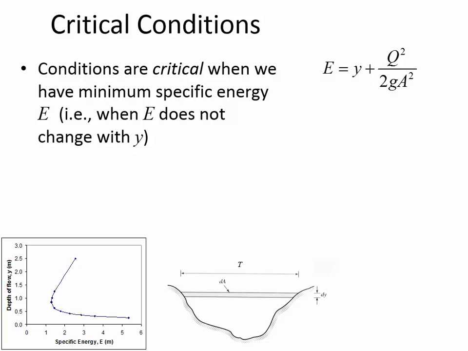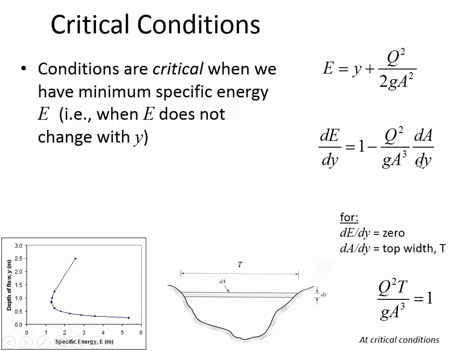And so if we go through the mathematical derivation, if you take the derivative of energy with respect to y, so dE/dy, then this specific energy formula changes as shown, and we can rearrange that based on the assumption that if you have critical flow, for every incremental change of depth dy for a certain top width, dA is the depth dy times T. And so if you have a really, really small dy, the top and the bottom have essentially the same length.